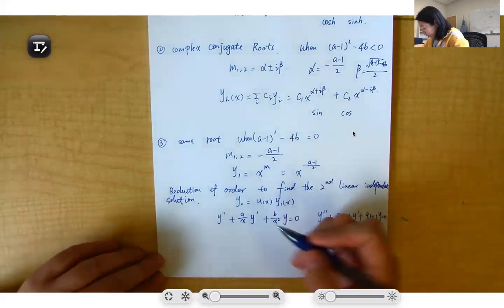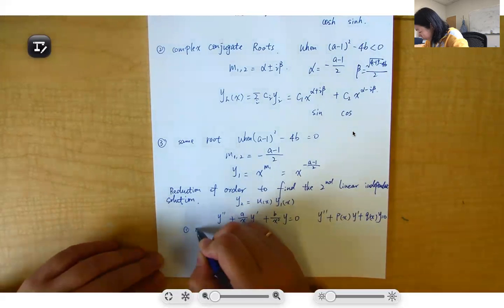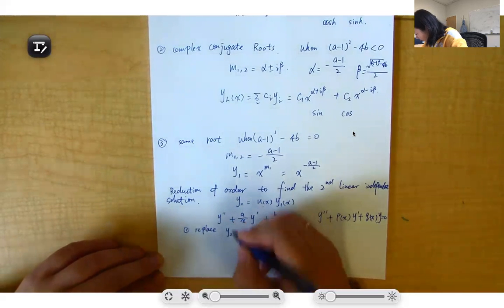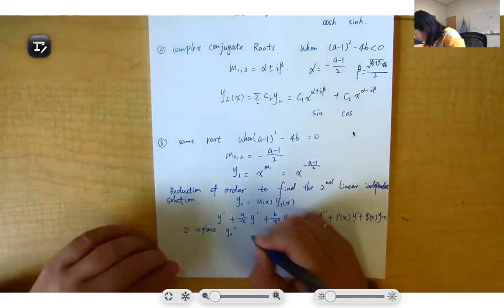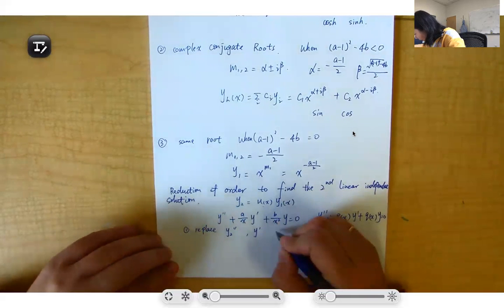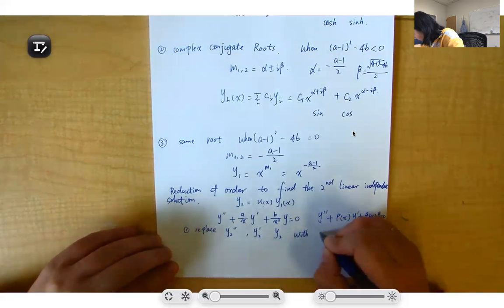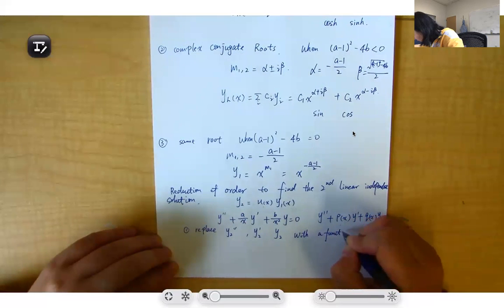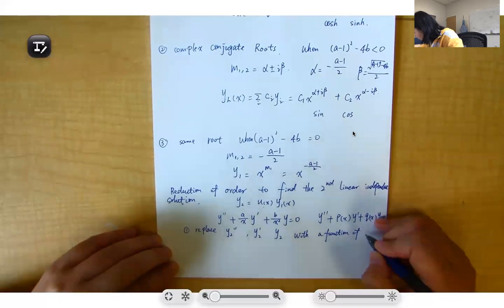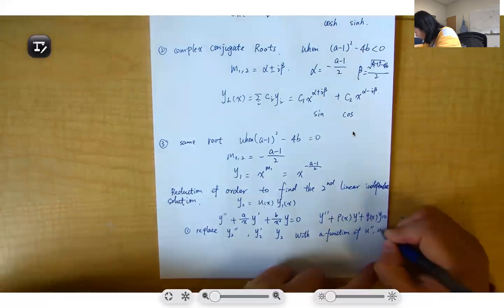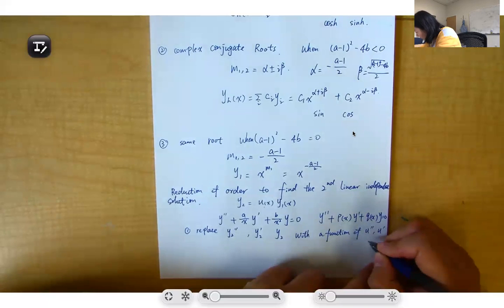Okay, and you can replace y2 double prime, y2 prime and y2 with functions of u and y1, so we will replace y2 double prime, y2 prime, y2 with a function of u double prime, u prime, u, y1 double prime, y1 prime and y1.